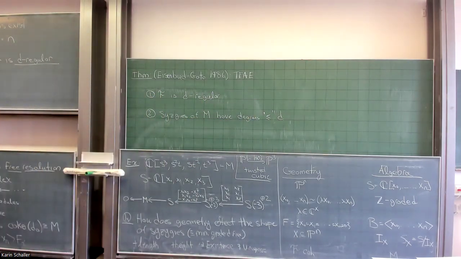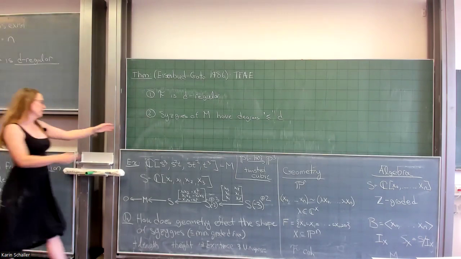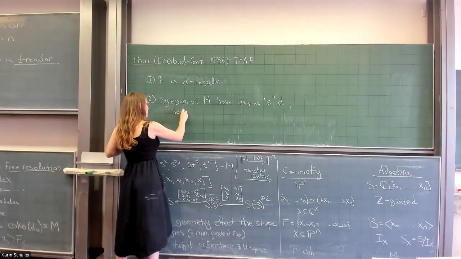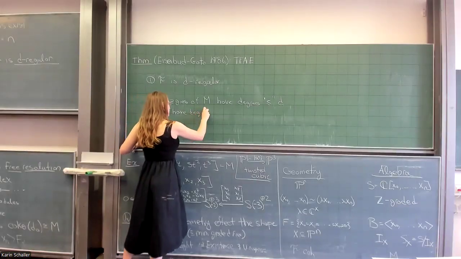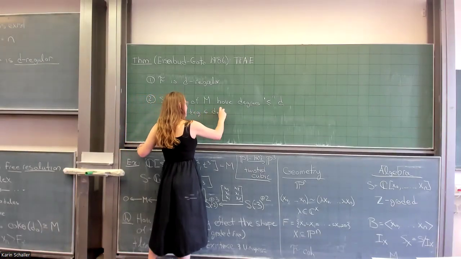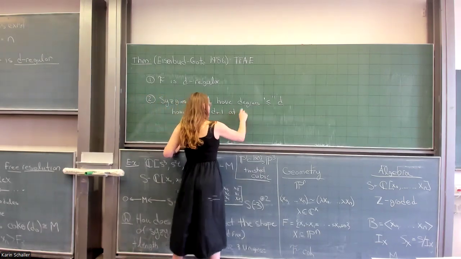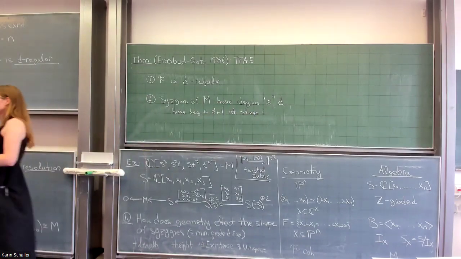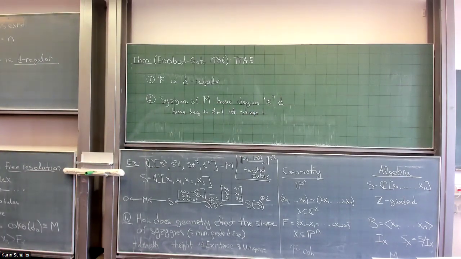Really what I want to say is at each step of my resolution, the degrees are less than or equal to D plus I. That's step I. So if you look at the first I steps of my resolution, the entries in that matrix should have degree D.